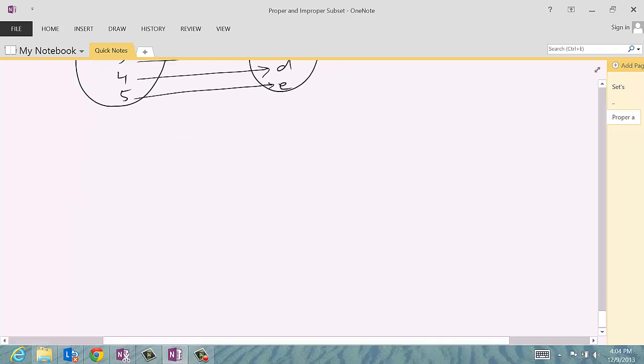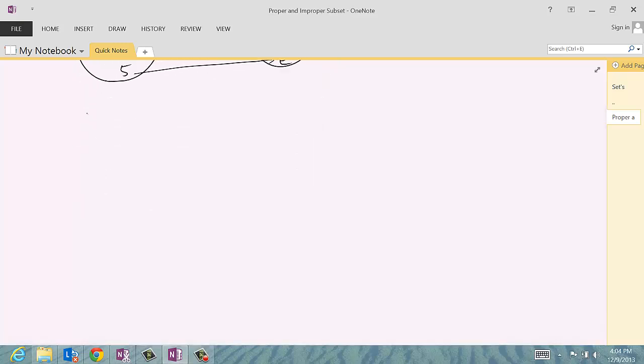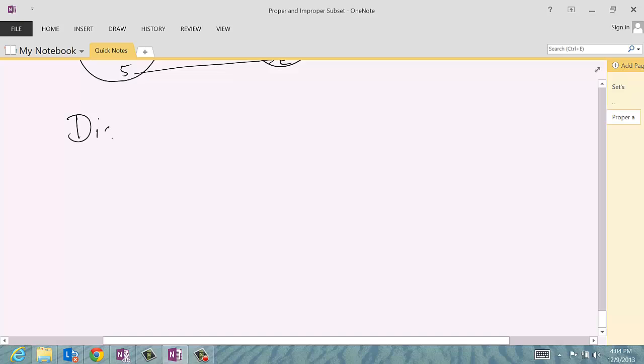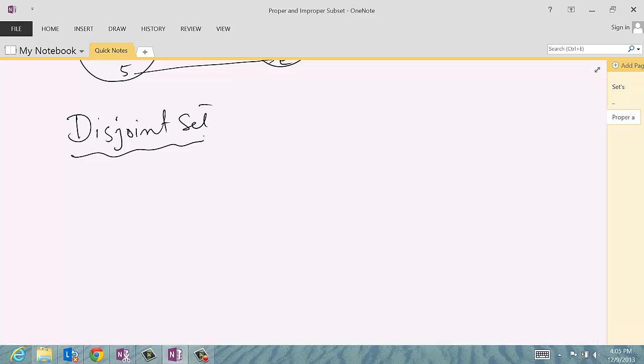And the next topic is disjoint sets. Obviously, two sets A and B are going to be disjoint, or you can also call them exclusive, if there is nothing common between them.